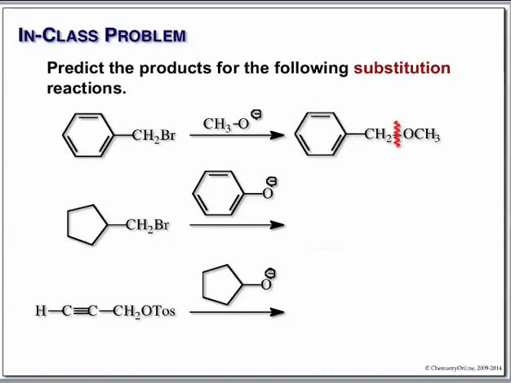Phenoxide is also a very suitable nucleophile. Again, the oxyanion will attack our CH2 group. Bromine is our leaving group. There's a bond that we made, again, between the methylene cyclopentane and phenoxide.